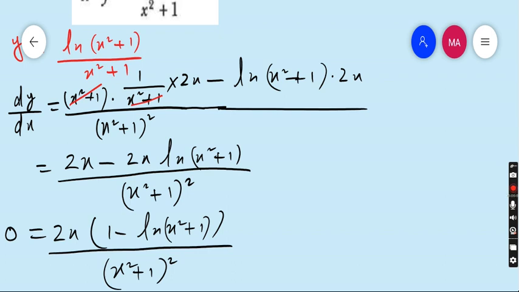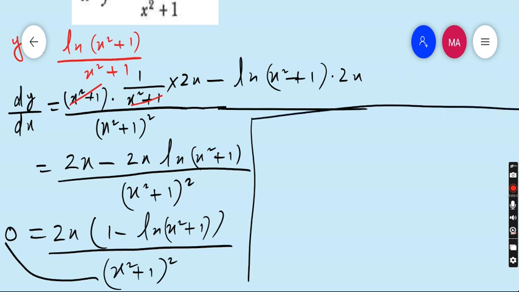This (x² + 1) whole square must be multiplied by 0. So it is 0. Therefore 2x(1 minus ln(x² + 1)) is equal to 0.